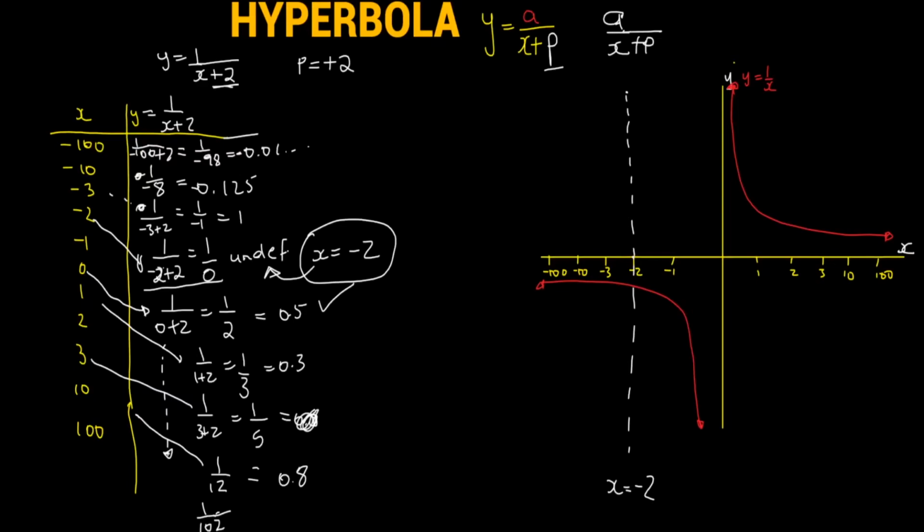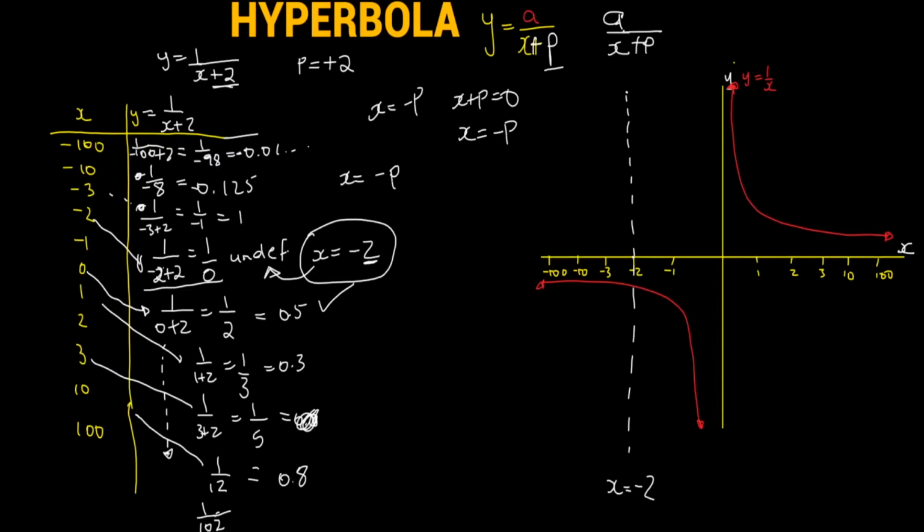So something to note that you see here, this is x equal to minus p. So the value of p in this already we can see that it is telling us about the vertical asymptote. It is x equal to minus p and not p. So if the sign is positive here, you're going to have to equate this and have x is equal to minus p. And if the sign is negative, you do the same thing.